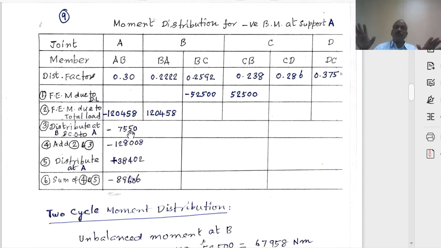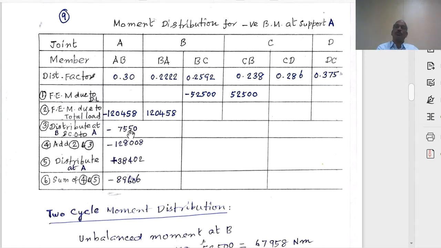For all the 5 spans, we need not do the distribution and carryover process.